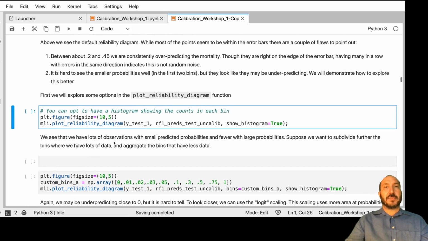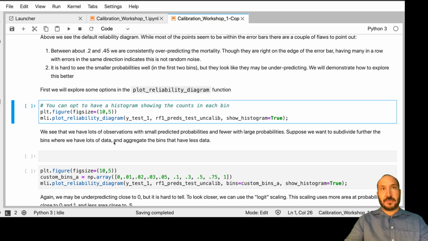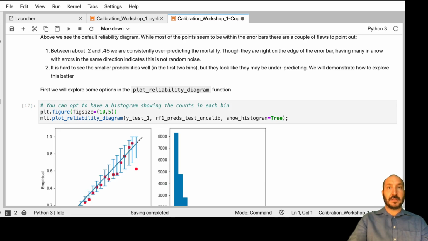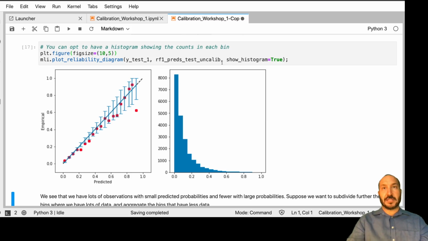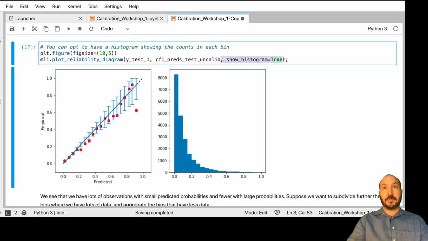So let's look at some other options in this plot reliability diagram function. You can have a histogram on the side which shows the counts in each bin. That's using this option, show histogram equals true. It plots a second plot where you see the bin counts.